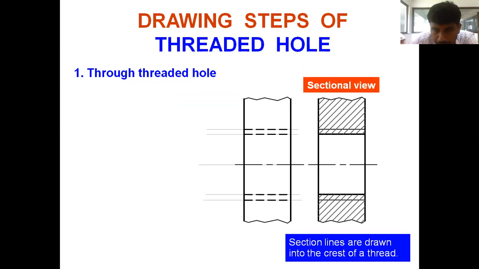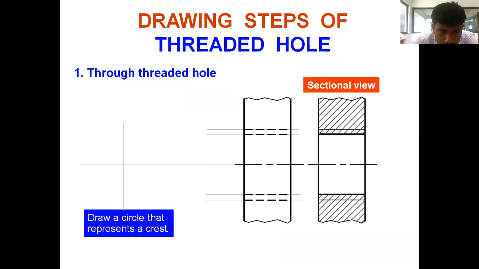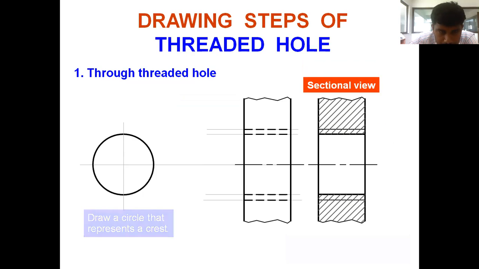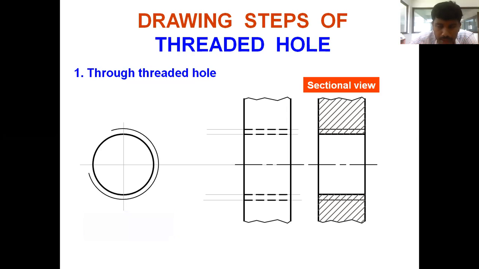Side view: draw a circle that represents a crest, and draw an arc that represents a root. Got the difference? Earlier, this is for the through holes, or the internal threads.